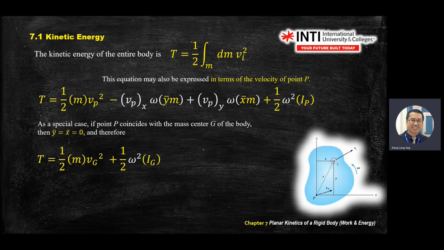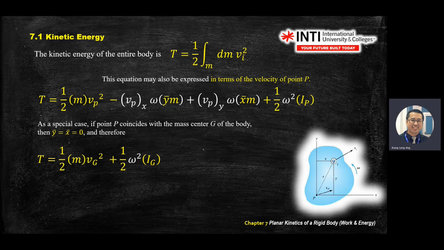So in the special case, point P coincides with G. This means the point P is exactly at the center of mass. When it is at the center of mass, then this one you can take out already, because when you find your x bar, y bar that you learned in your statics, it was the same place as the center of mass, center of gravity.